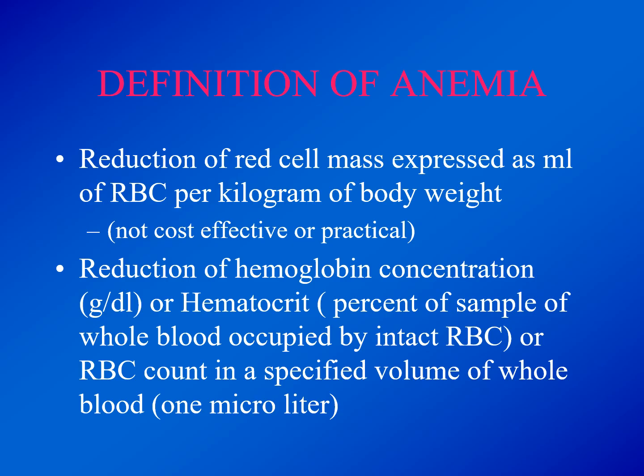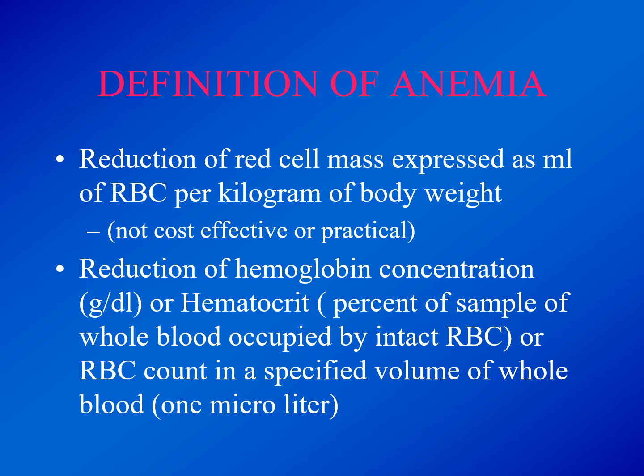Normally, it's not feasible to be done on regular basis. It can be done on research basis, but not routinely. So in the clinics, we look at patients' hemoglobin and hematocrit to determine if they are anemic.